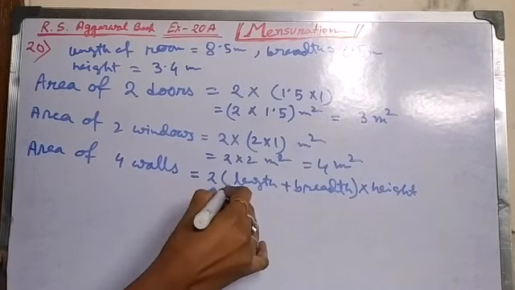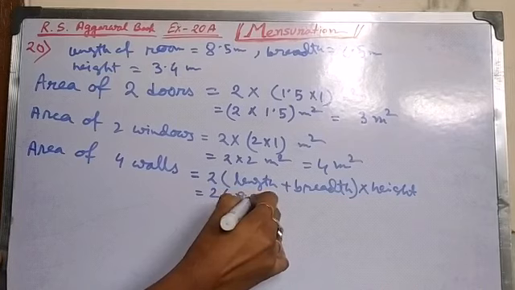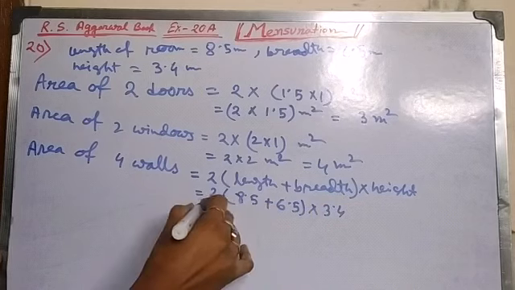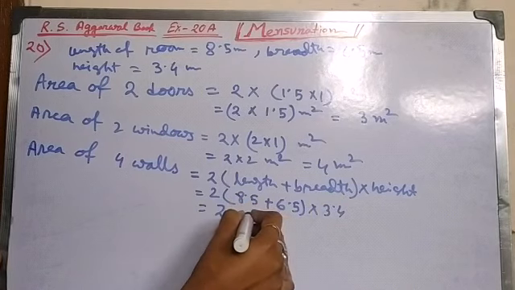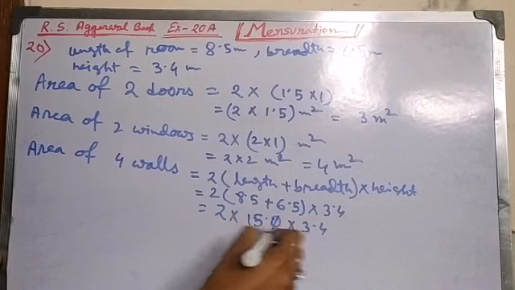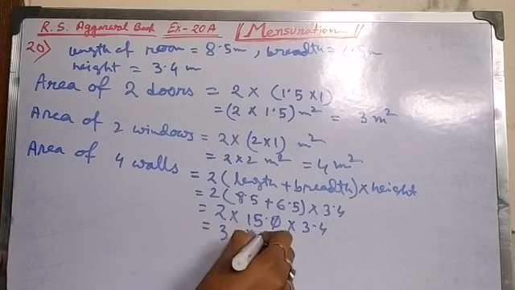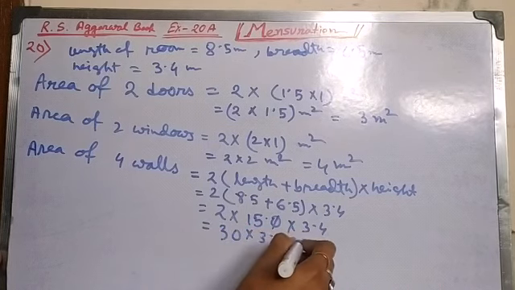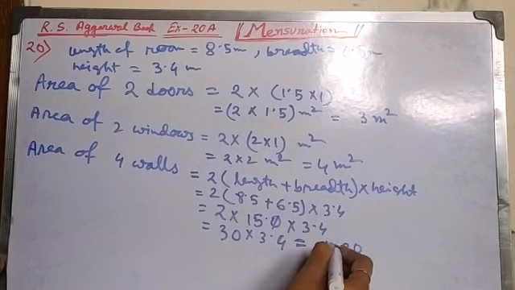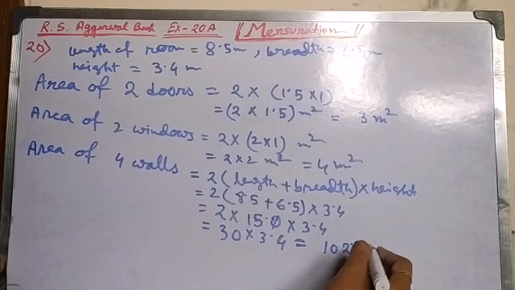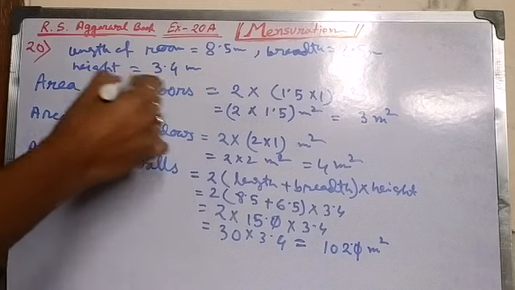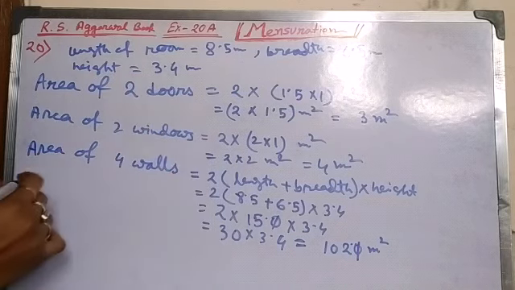So 2 into (8.5 plus 6.5) into 3.4. 2 into 15.0 into 3.4, that means 30 into 3.4, that means 102 meter square.